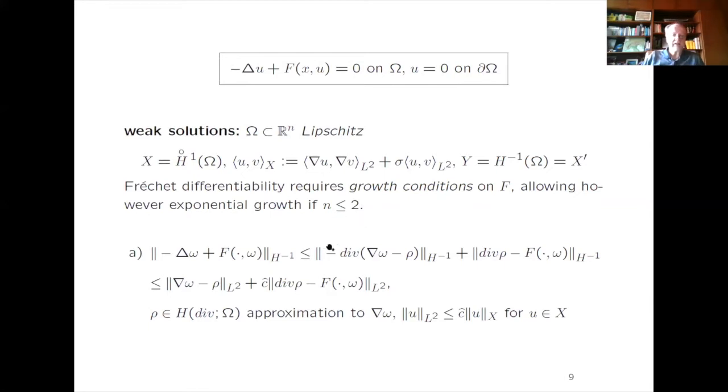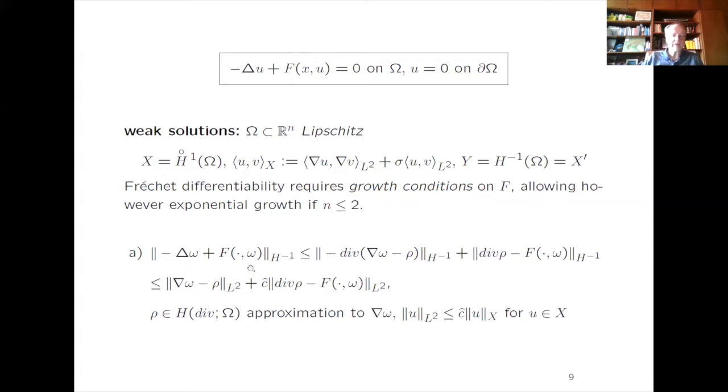Now the first task in the abstract setting is to bound the defect, the residual. The calligraphic F is of course the operator on the left-hand side, and calligraphic F measured in the Y norm is this expression measured in the H^-1 norm.